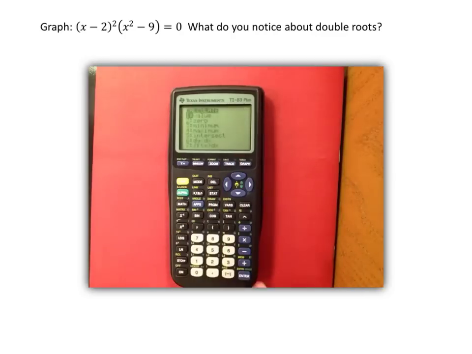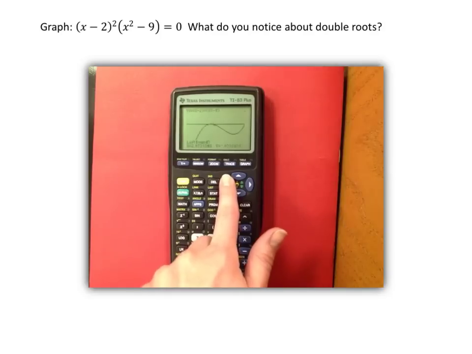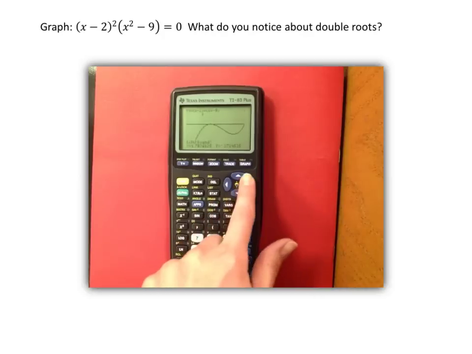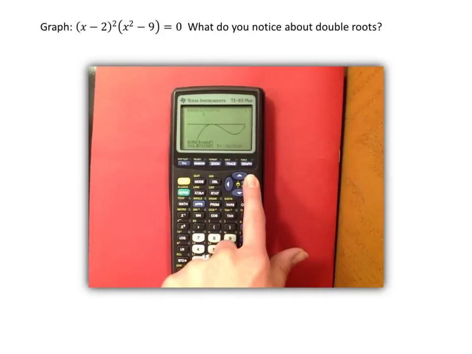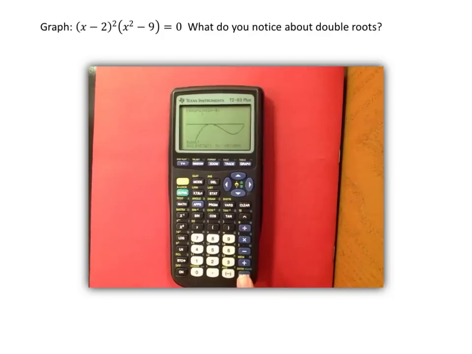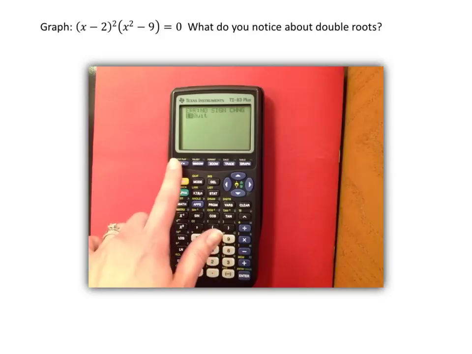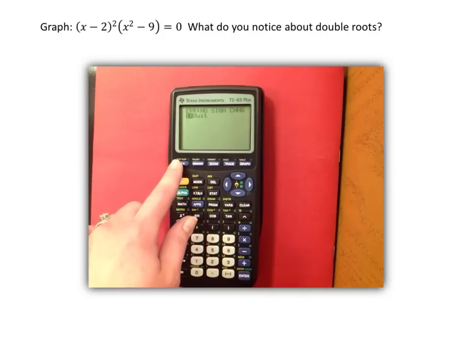So we can second trace, look for the 0, something to the left, enter, something to the right, enter, and enter again. Ah, it says no sign change. Interesting.